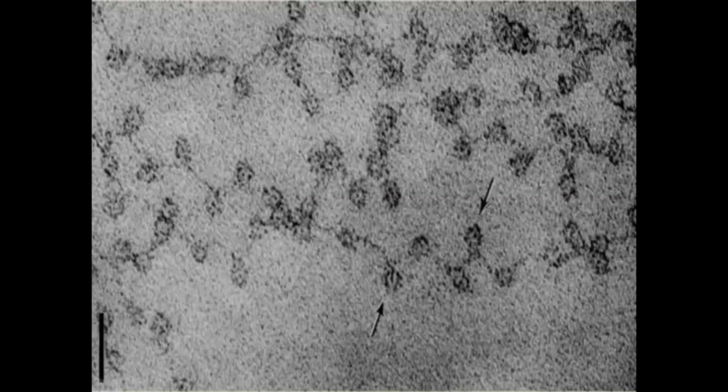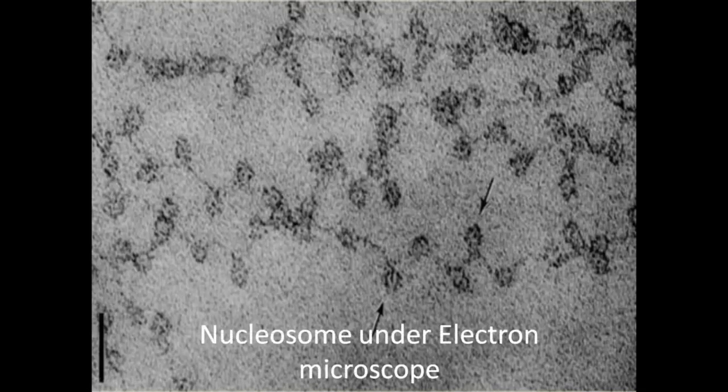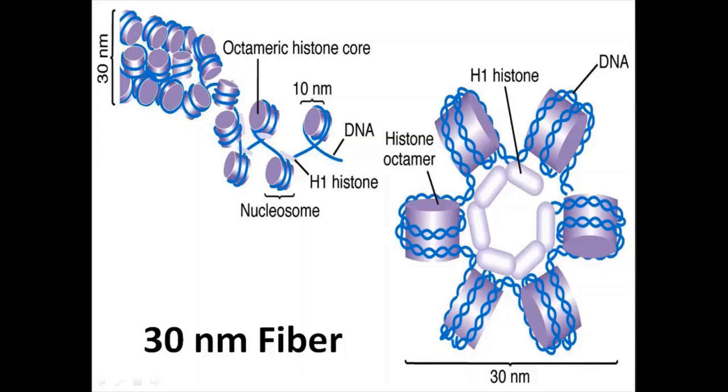Observation by electron microscope revealed that the nucleosomes appear similar to beads on a string. DNA becomes more compact when nucleosomes and linker DNA coil into DNA fibers.